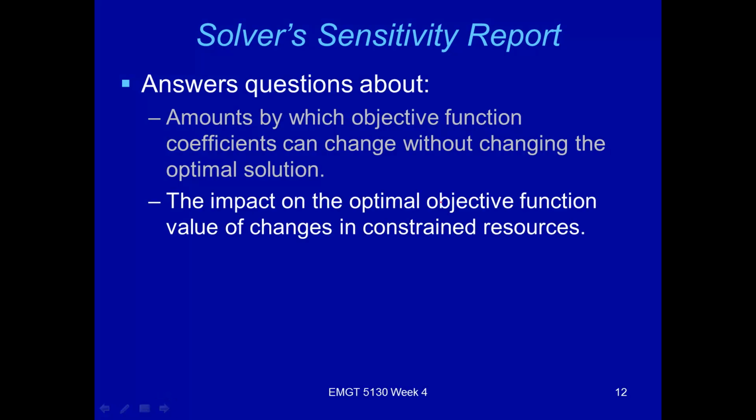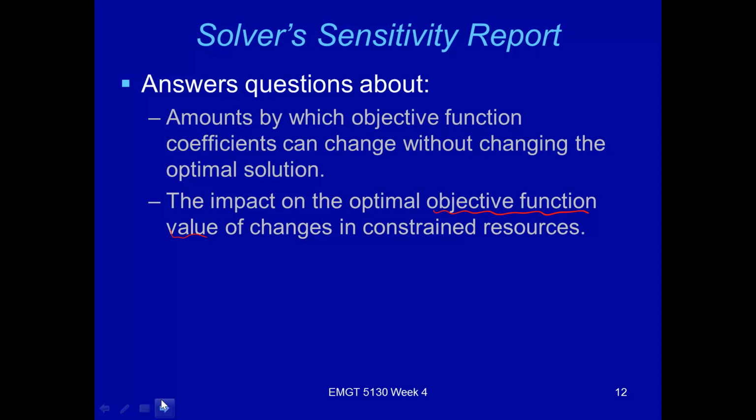The impact on the optimal objective function value of changes in constrained resources. So if we have more labor, more tubing, or more pumps, what will the impact be on our objective function value? That's the total profit. It's not the x1, x2 value.